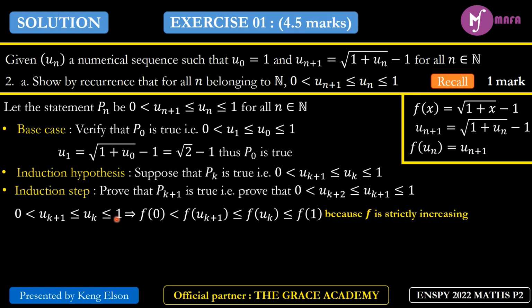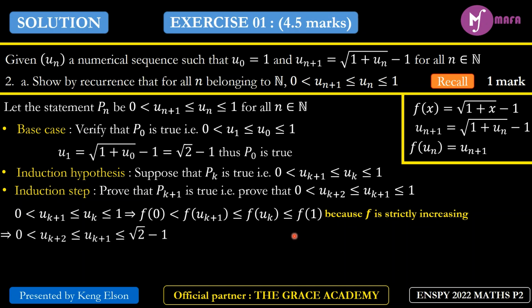If the function was decreasing, then we would switch all the bounds. But because the function is increasing, the inequality signs remain unchanged. So whenever you do this, you have to justify why the inequality signs remain like that. So our justification is that the function f is strictly increasing.